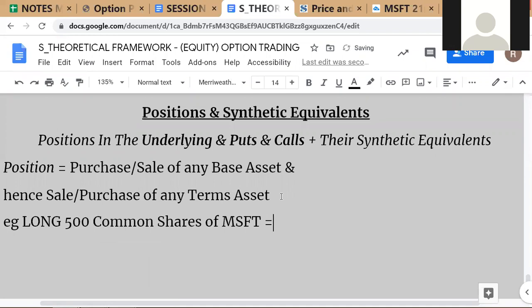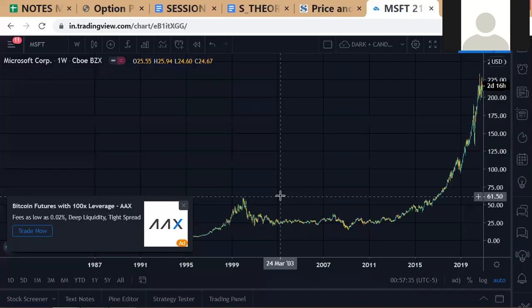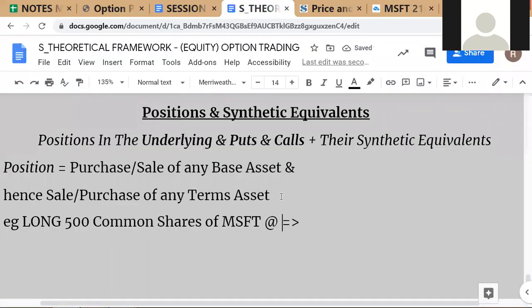Implying, if we say the price is say 200, implying short USD, so 500 times 200.